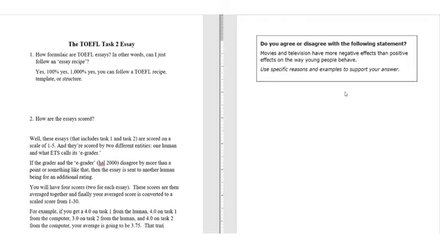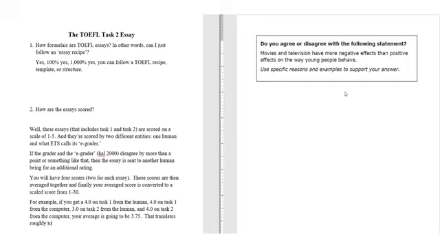And that translates roughly to about a 22, maybe a 23 on TOEFL's writing scaled score system. So basically that's how the scoring works.